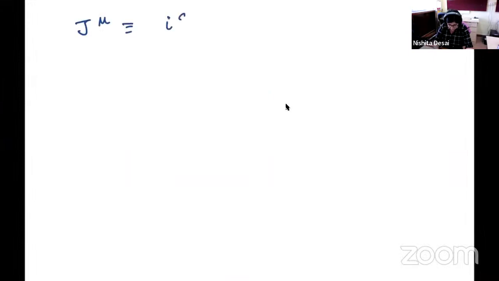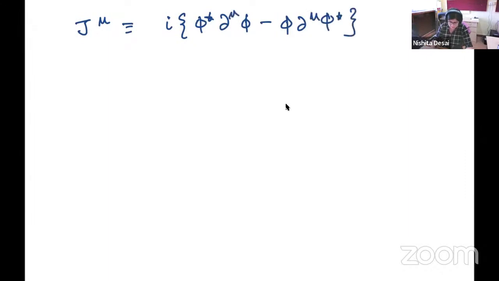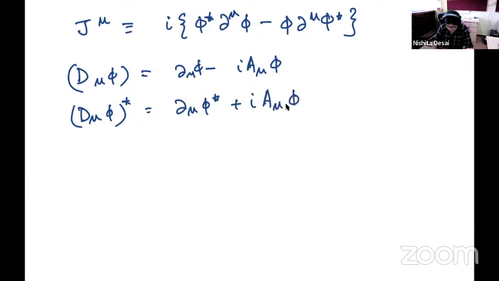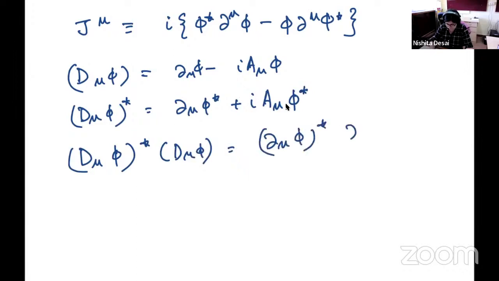Okay. So we have our current, which you define as j mu, like this, and if you look at A mu times j mu, then that gives you the required first term.